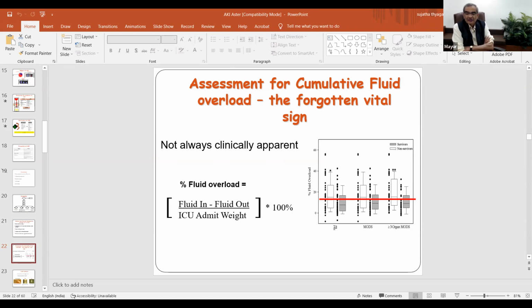So there is a huge cumulative fluid overload which needs to be handled. This is a very commonly made mistake, looking at urine output in isolation. Please look at it in relation to the fluid intake and other losses of fluids, if there are any, and only then interpret the urine output.